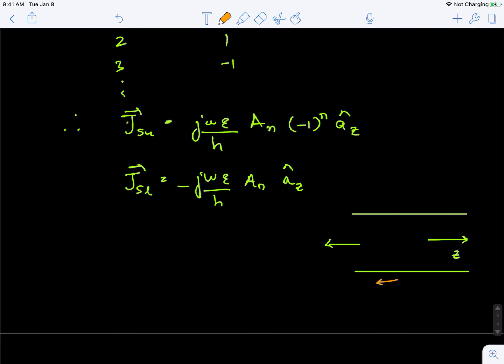But in the upper plate, it depends on the mode. If it's an odd mode, let's say TM1, it'll flow in the negative direction. If it's TM2, then it will flow in the positive direction. So it changes with the mode. That's about it. Thank you.